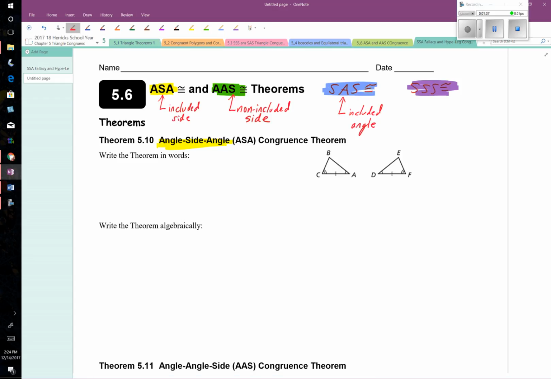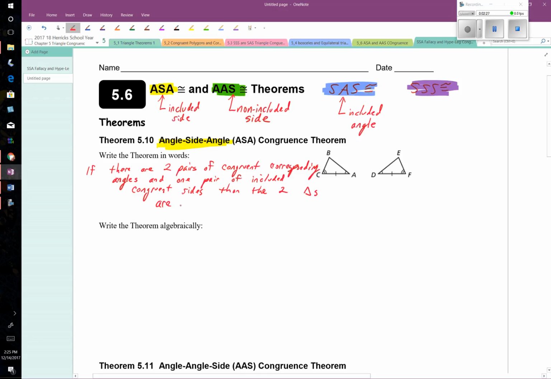And what this is in words is, if there are two pairs of congruent corresponding angles and one pair of included congruent sides, then the two triangles are congruent.